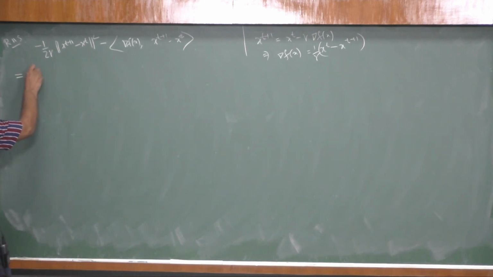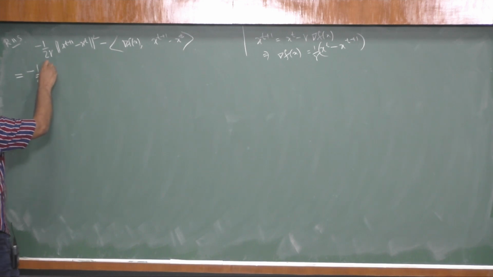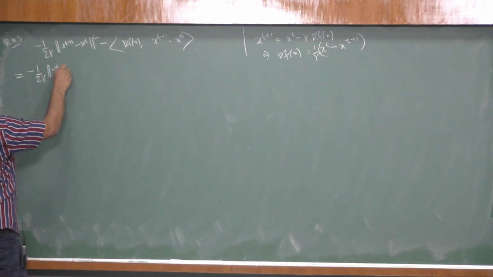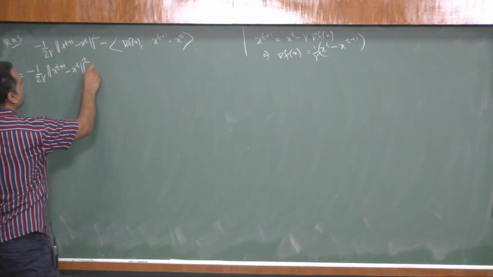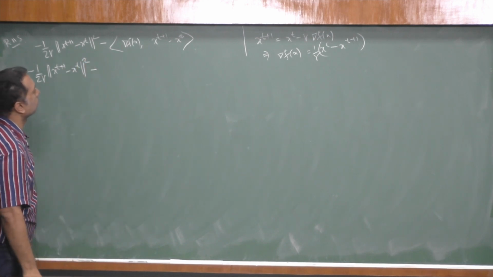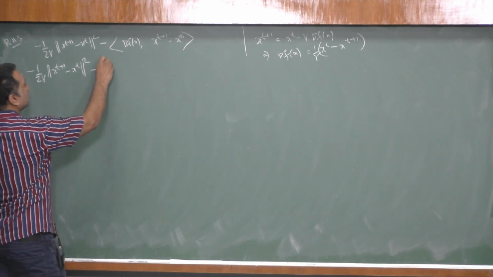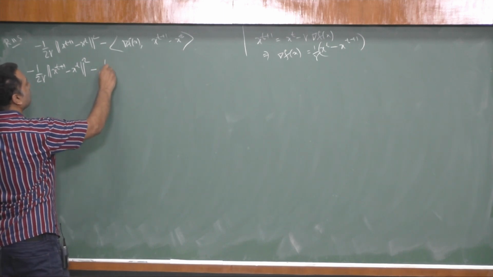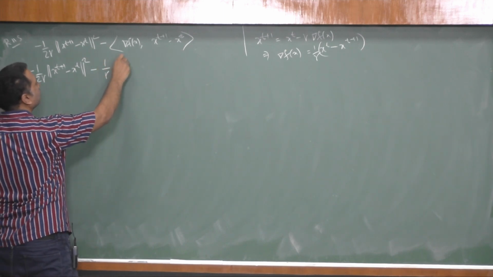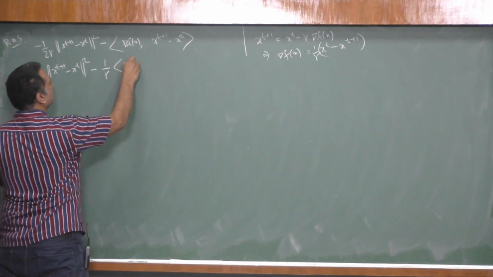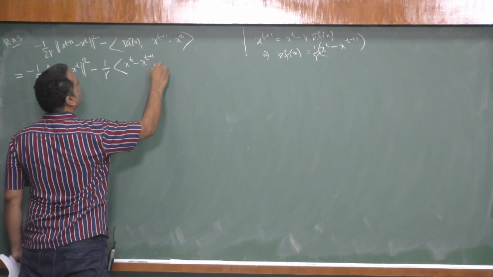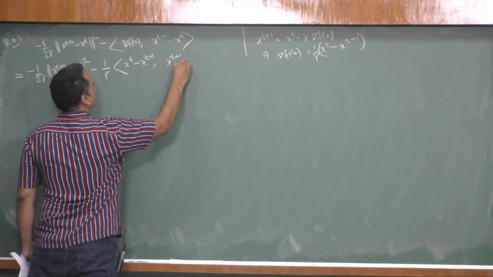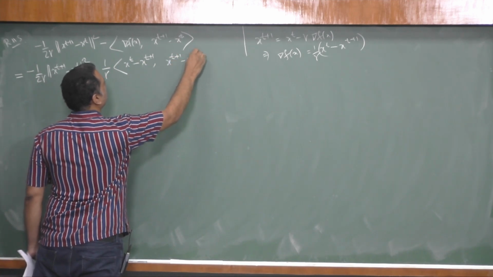So this is minus 1 by 2 gamma xt plus 1 minus xt, minus, and grad f(x) is 1 by gamma. So 1 by gamma I can take out of the inner product, and what is left inside is the inner product of xt minus xt plus 1 with xt plus 1 minus x star.